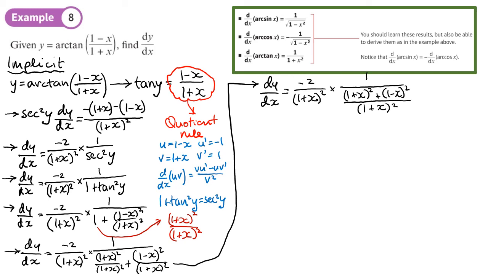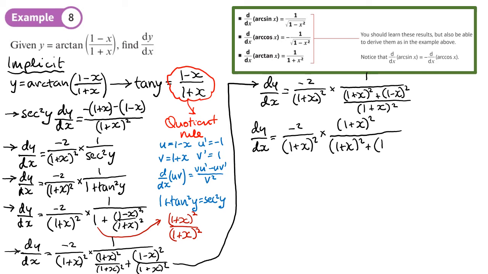Now when you divide by a fraction, we can actually flip it over. So this is the same as multiplying by that bit at the bottom, put at the top. So it now becomes (1 plus x) all squared over (1 plus x) all squared plus (1 minus x) all squared. Now you can see that this cancels out here.